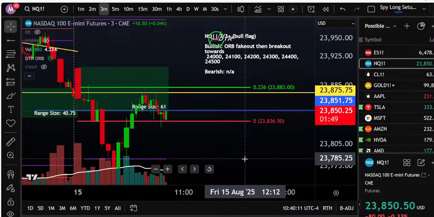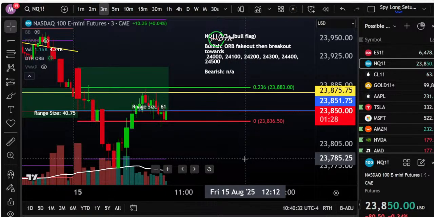And we're going to look for a gentle pullback here. Okay, watching closely, watching closely.